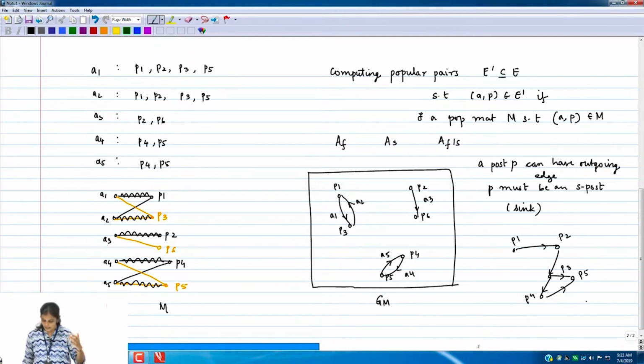So there can be vertices which have multiple incoming edges, but there cannot be a vertex which has multiple outgoing edges. Is that clear? So while multiple incoming edges is not a problem, multiple outgoing edges is a problem. So this vertex having 2 outgoing edges cannot happen, right? So this is not allowed, this is forbidden.